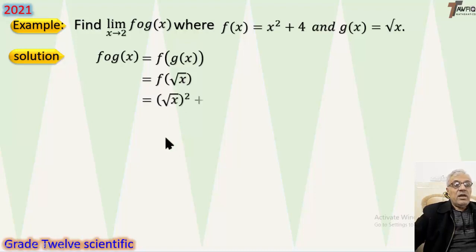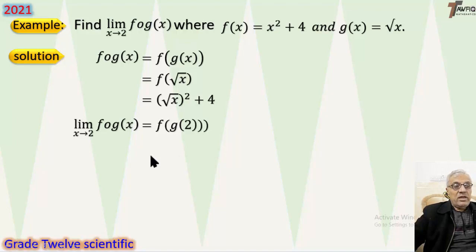It becomes the square root of x squared plus 4, which equals x plus 4. And now we can find the limit. The limit as x approaches 2 of f(g(x)) is equal to f(g(2)), which equals the square root of 2 squared plus 4, which equals 2 plus 4, equal to 6.